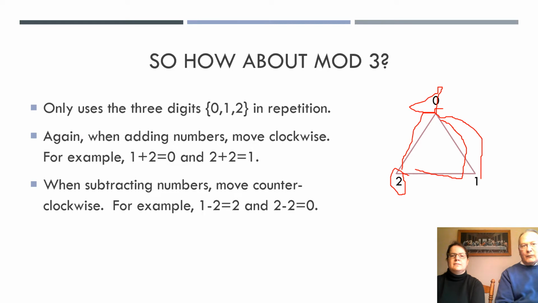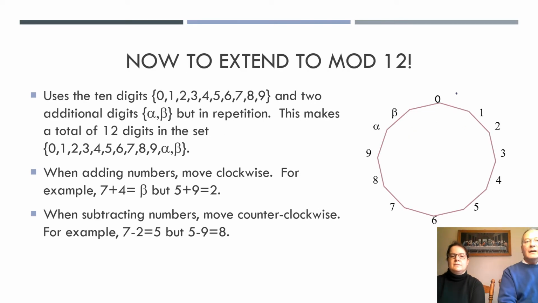So let's look at one more system. Okay, mod 12. There's a specific reason why Cindy wanted mod 12 explained, but to just have a little background in modular arithmetic, so it makes it a little easier. It's the same type of thing now. For mod 12, we have the 10 numbers, 10 digits, 0 through 9, and we have 2 more digits.